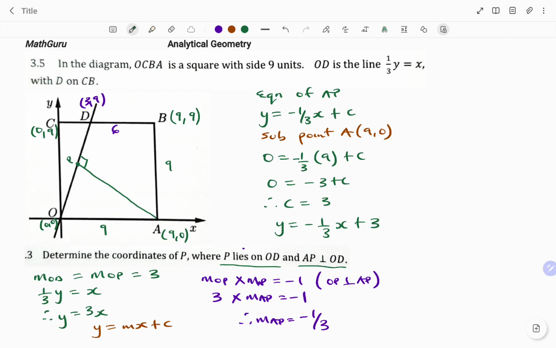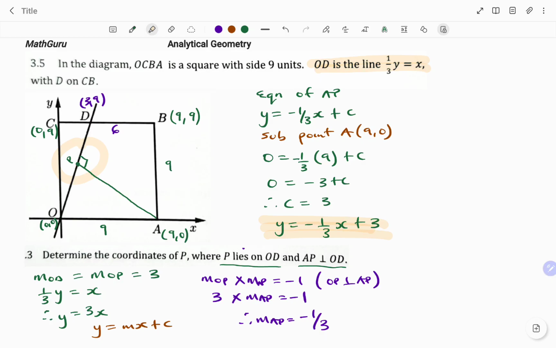So note that the line OD and the line AP are both meeting at point P. So therefore, the coordinates of the line OD and AP at point P are the same. So what I'm going to do now is to equate the equation of the line OD with the equation of the line AP, and then I'm going to get my x and y.